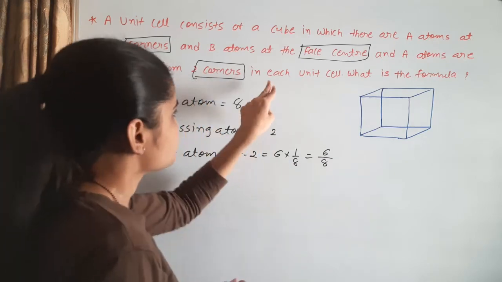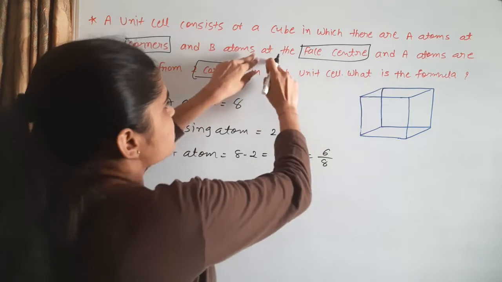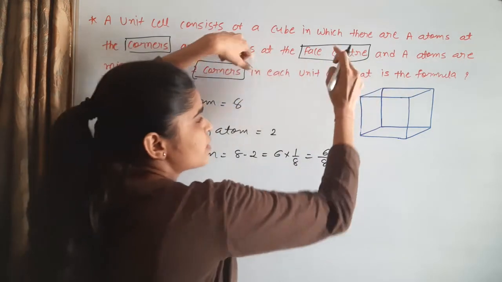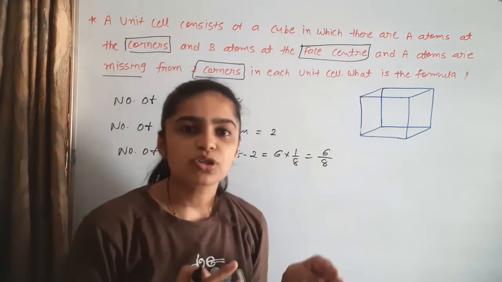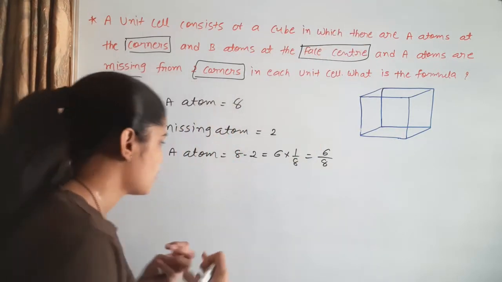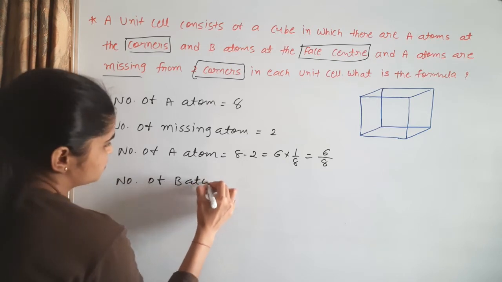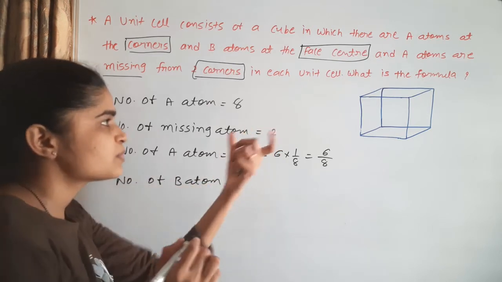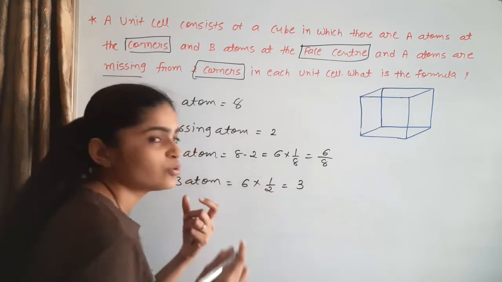Then next, the face center. In a cube, 6 faces are present and each contributes 1/2. So the number of B atoms is 6 faces times 1/2, which is equal to 3.